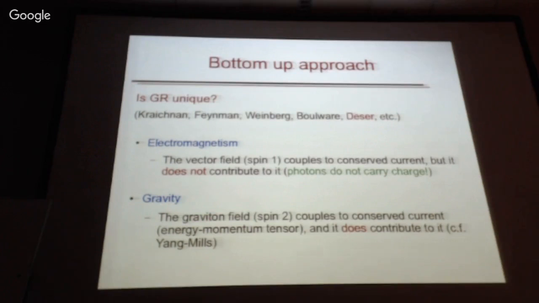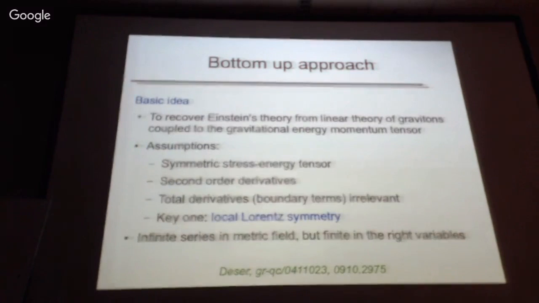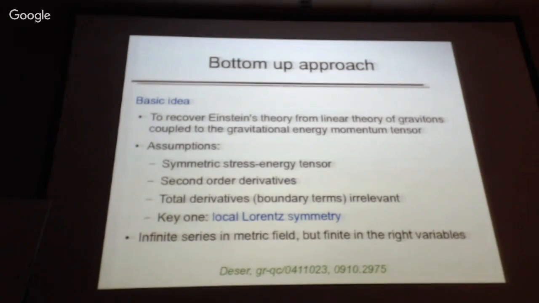However, in gravity, the graviton, which is the one that carries the gravitational field, actually interacts with itself. That means it contributes to its own energy momentum tensor. So it's in the same way as Yang-Mills does. So what Deser did was to construct Einstein's theory from having just a theory with free gravitons, coupled to an energy momentum tensor that is made out of gravitons again.